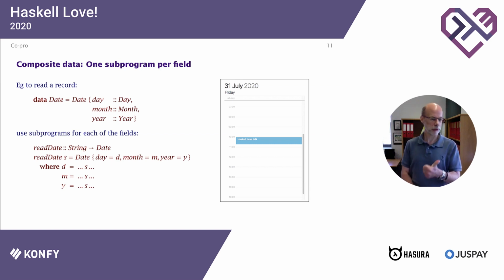One subcomponent for D, one for M, one for Y. They're each going to depend on S, of course, and I don't know yet which particular date I'm going to get out of a string. I'll have to do some work, but that's the skeleton of the program that determines where I can start. So that's something that you can try if you have a blank editor window and you need to produce a record.